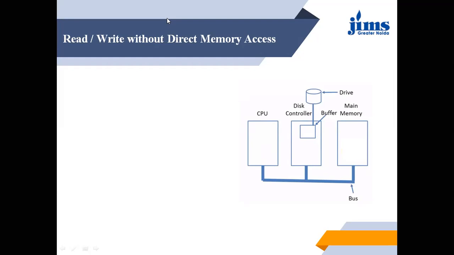This is a diagram that represents a computer system without DMA. From here, you can see that when the CPU wants some information, and it sees from the main memory that the information is not available in main memory, then the CPU has to wait to receive information from the drive or from input devices.